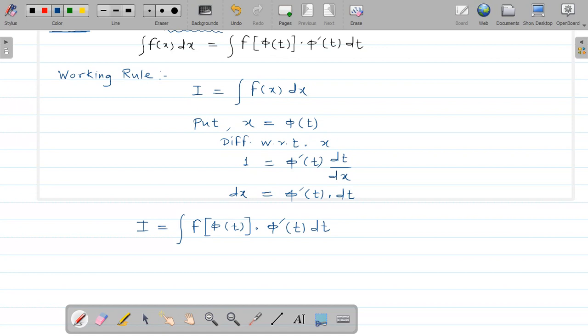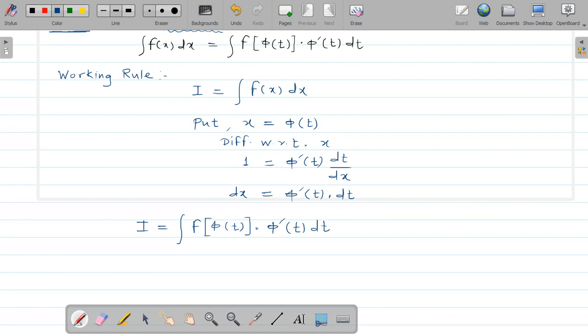If you want to reduce that function to the standard form, then always substitute x is equal to some function in the form of t, and by taking the derivative we get the value of dx also. Here we get the value of dx as phi dash of t dt. So replace x as phi of t and replace dx as phi dash of t dt.